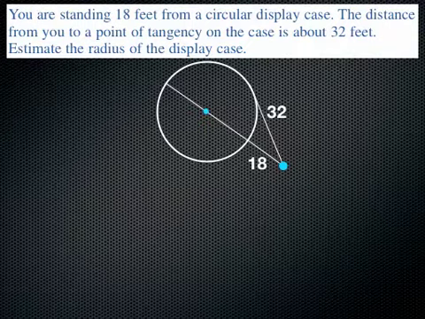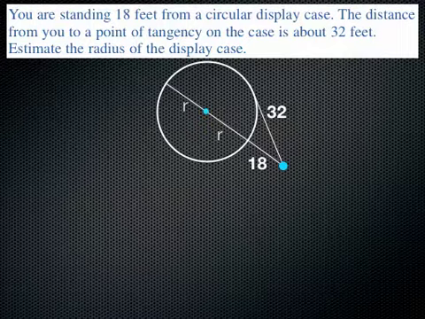I'm going to label this as R and another R, because remember the diameter is made up of 2 radii. So my secant segment here would be 2R plus 18. The external secant segment would be 18, and my tangent segment would be 32.